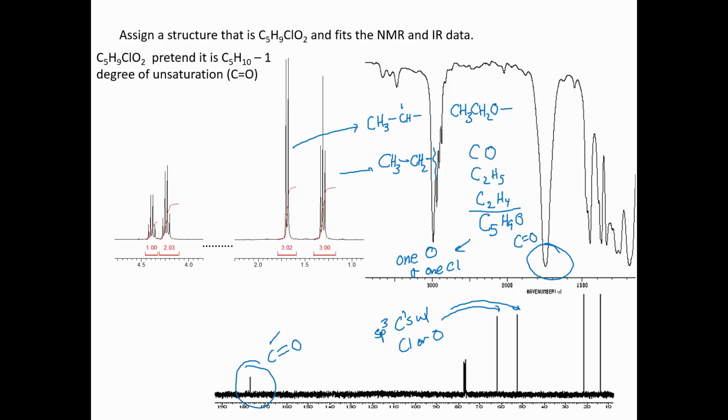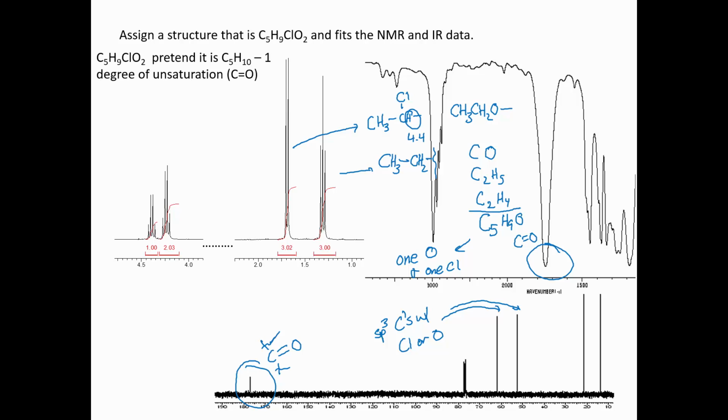If we look at this one, this is the quartet here, our peak at 4.4. We still need to find the chlorine. So this is really the only other place to put it. Now, where does the C double bond O go? Remember that the ketone is actually going to have a couple of other sites right here.